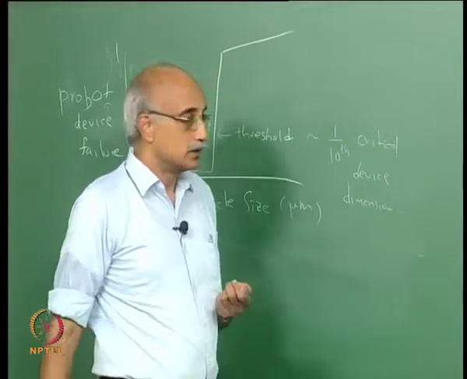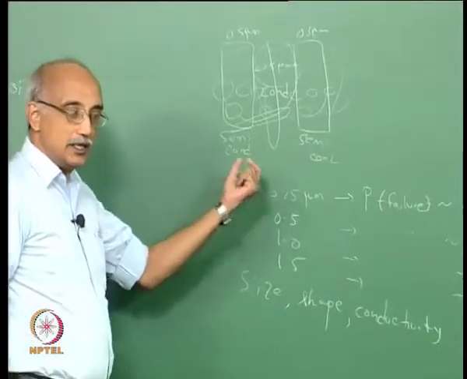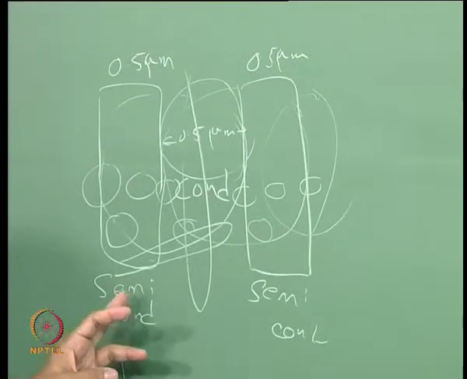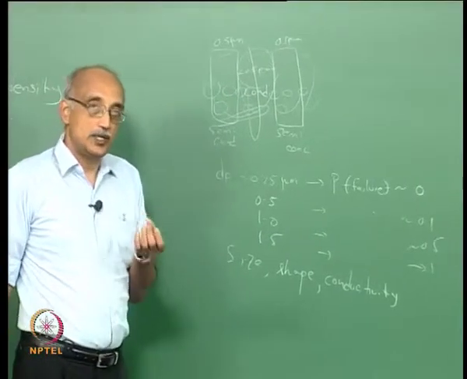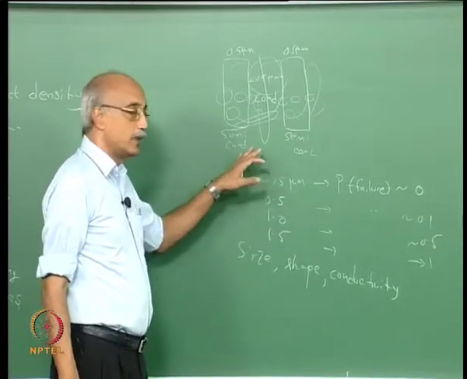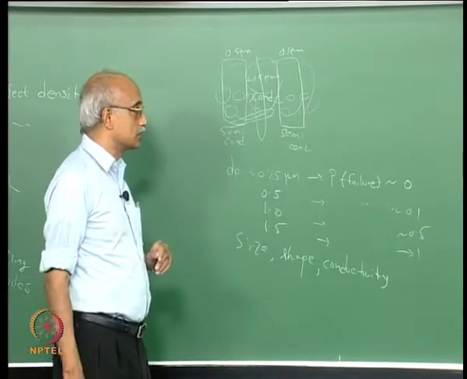So for example, in this illustration, the critical dimension is really 0.5 microns, right? So all particles that are larger than 0.05 microns will be considered as having potential to cause failures, even though it may be a low probability until the size grows to a certain extent.